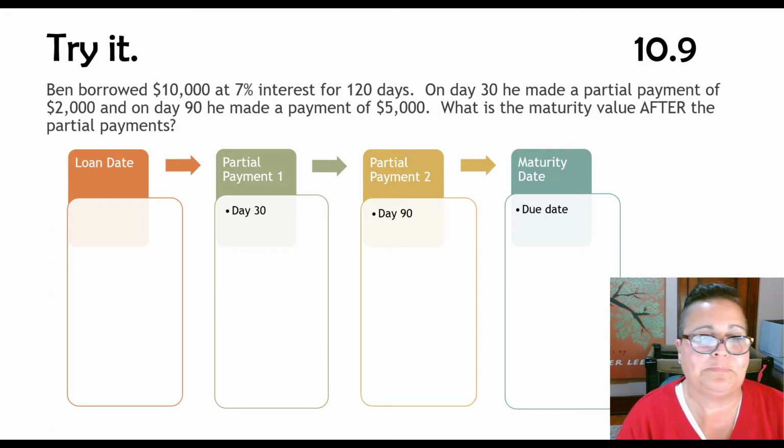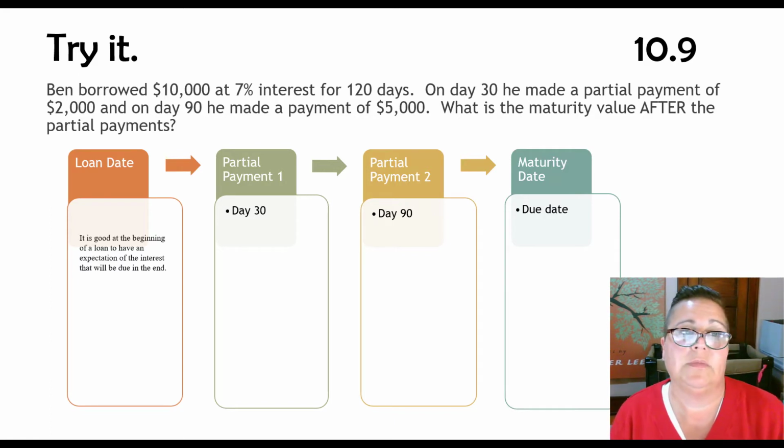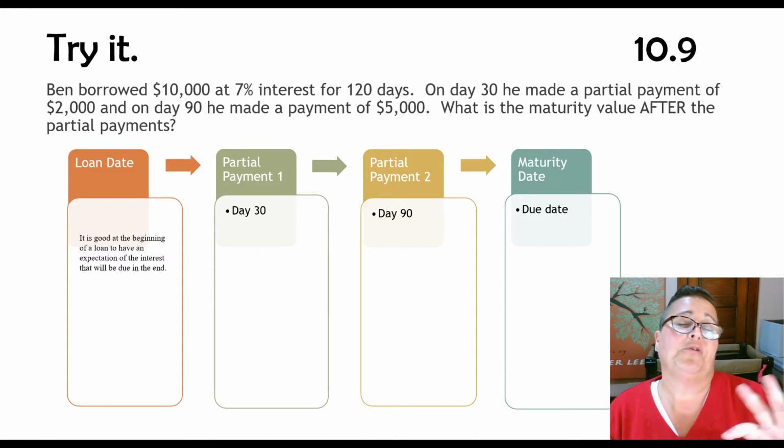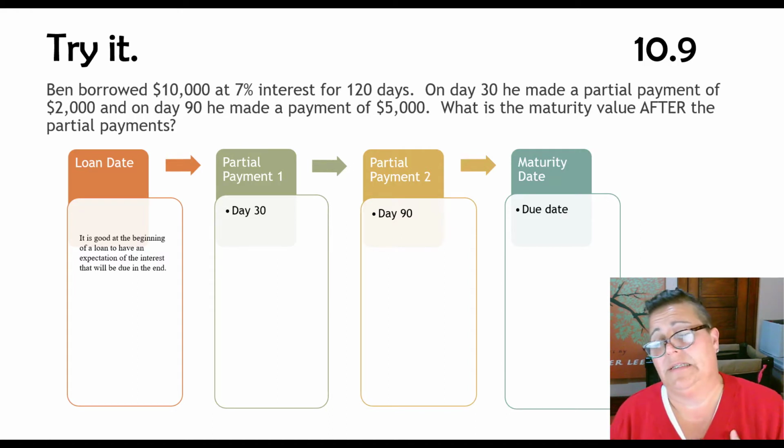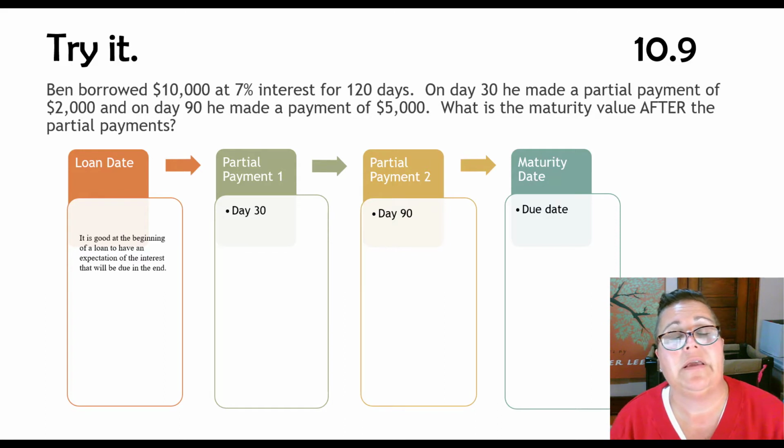So here we go. The loan date is the first day of the loan. I think for several reasons, including because I know what questions they ask about this, it's a good idea to figure out what the maturity value of this loan would be if there weren't any partial payments. In other words, if he just waited the 120 days to pay it, how much would he owe? Well, we would calculate the interest on that. That's $10,000 at 7% for 120 days out of 360.